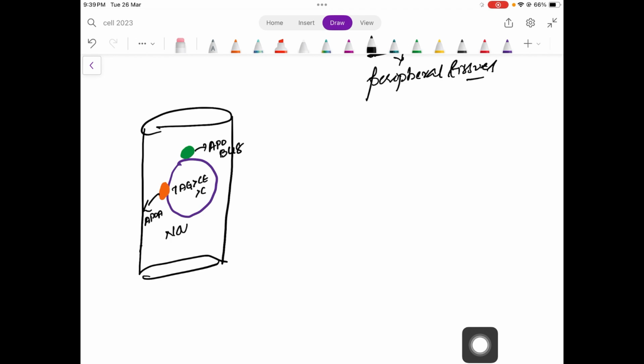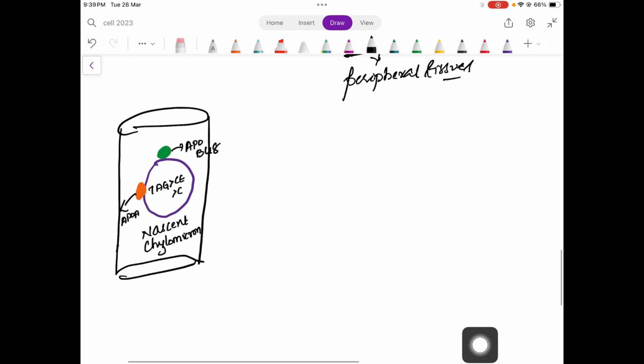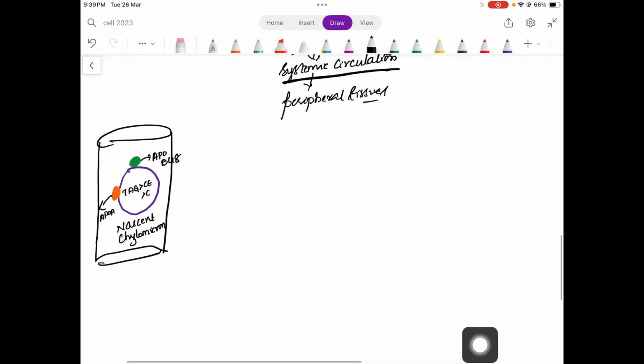So this is a nascent chylomicron, and this nascent chylomicron is released into the lymphatics, and from lymphatics it goes into the systemic circulation as a nascent chylomicron. So this nascent chylomicron is coming out of the intestine.